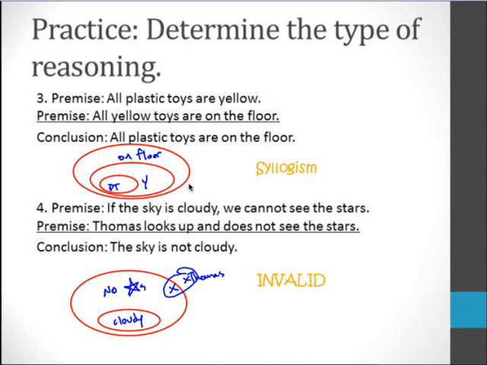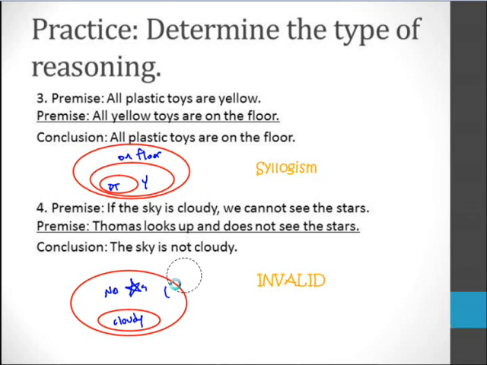So here's what I got. On the first one, I got plastic toys in the small one, then yellow toys are on the floor, so all plastic toys are on the floor. That makes sense because of syllogism. Here I got if it's cloudy, then there's no stars. Then it says Thomas looks up and doesn't see the stars. So maybe he doesn't see the stars, and whoopsie daisy, I got Thomas in the wrong spot. Let's move Thomas and all his stuff.